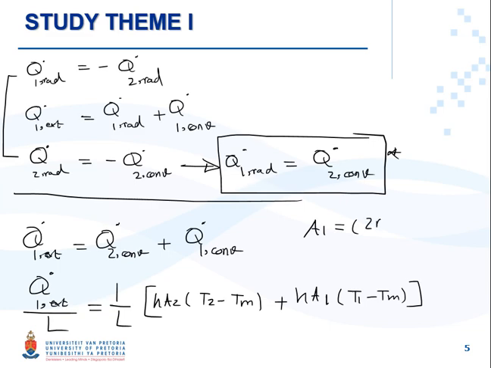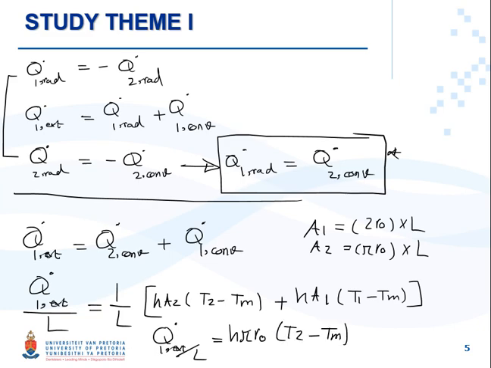It is 2R0 multiplied by L, and A2 is equal to pi R0 L. So if we add those, L will go away. So basically q dot 1 ext divided by L is equal to H pi R0 (T2 minus Tm) plus H 2R0 (T1 minus Tm). Okay, it's very simple.